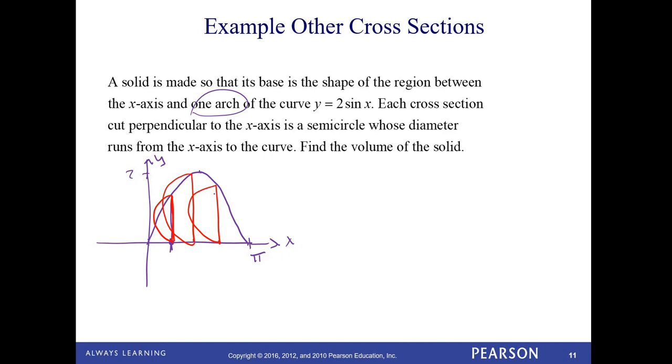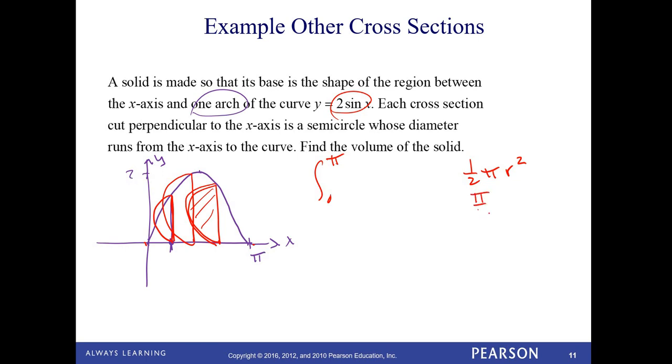So I need a couple of things. I need the area of one of these slices. Each slice is going to get a width of dx. That gives me my volume. And I'm going to integrate them from 0 to pi. The area of a semicircle is 1/2 pi r squared. The radius in this case is the curve of 2 sine x.